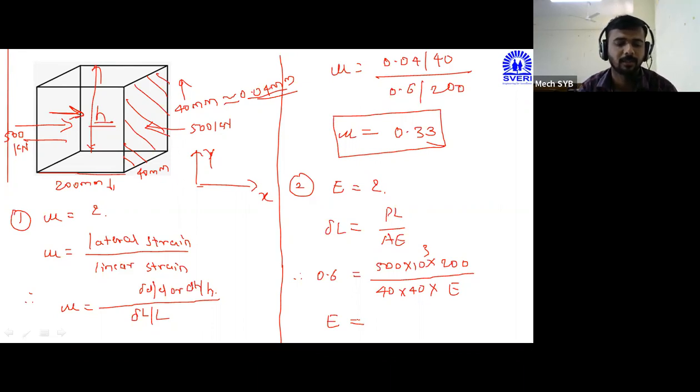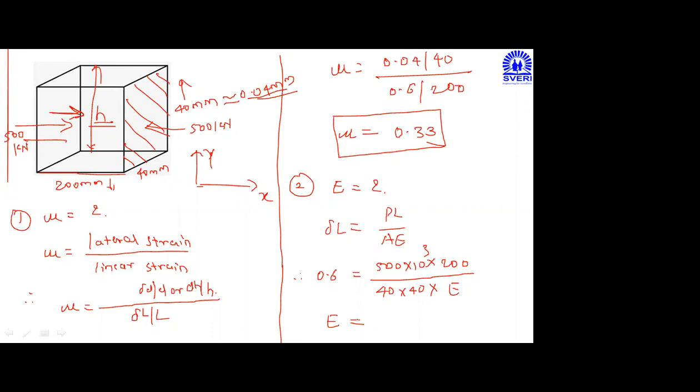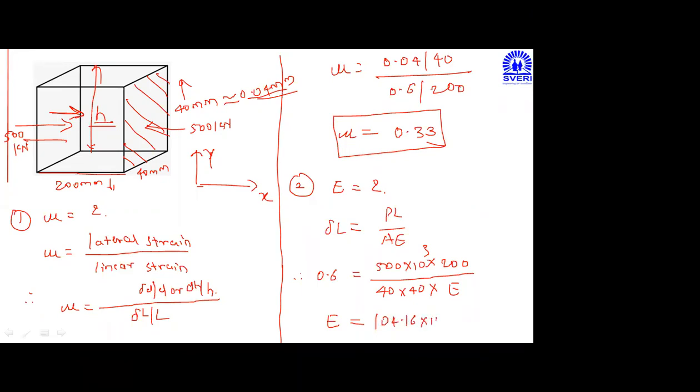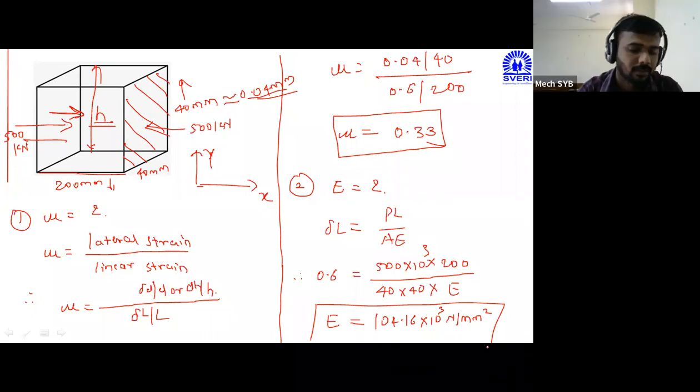What is the Young's modulus E? 104.16 into 10 raised to 3 Newton per mm square. Please check your answers. We have to use the simple formula of deformation. Delta L is equal to PL upon AE, and from that we got the Young's modulus E value.